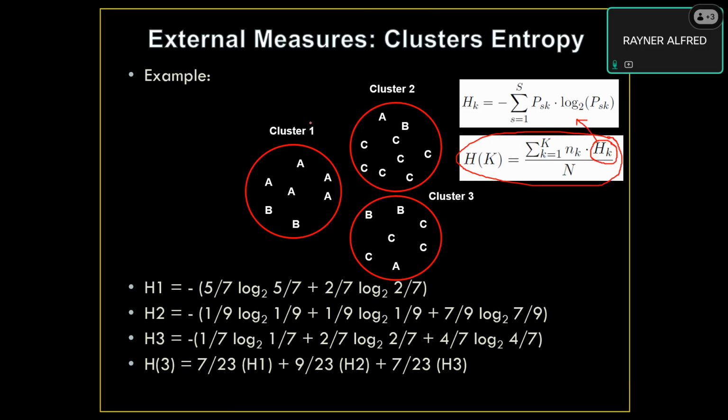So for cluster 1, we have 5 A and 2 B. That means we have two paths to look at here, because we are going from A to B. So for the entropy of cluster 1, basically we have two paths.